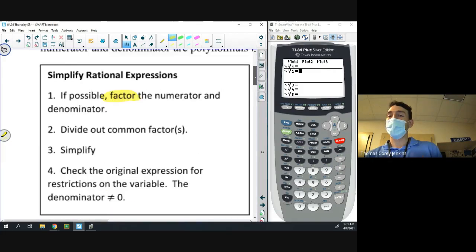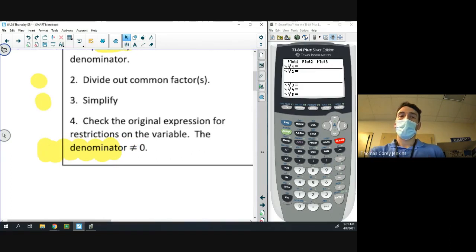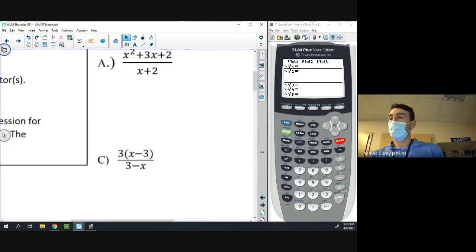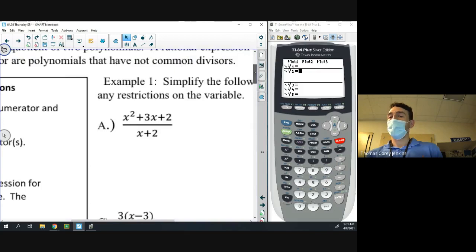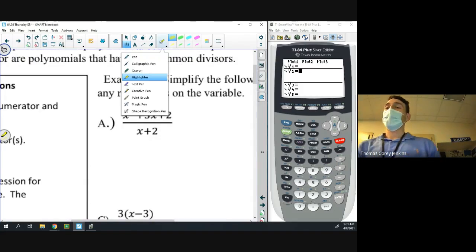You being able to factor, and then from there it's pretty easy to do step 2, step 3, and then the next part where you have to think is on those restrictions. Okay. So with that said, let's go ahead and look at 1A.